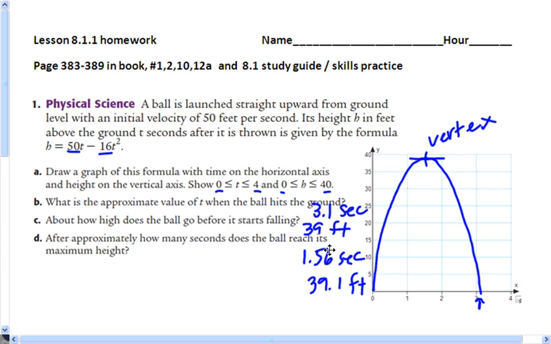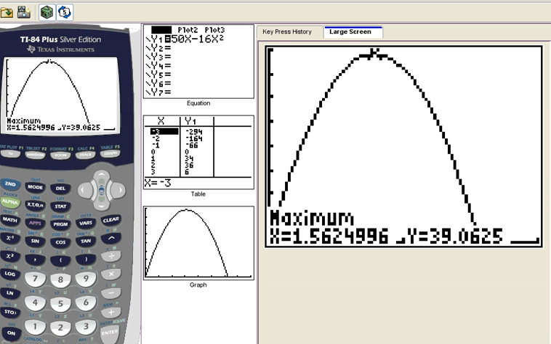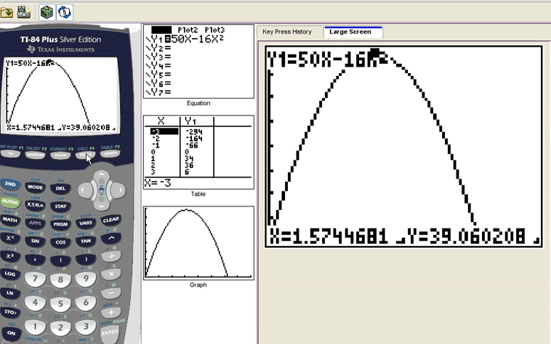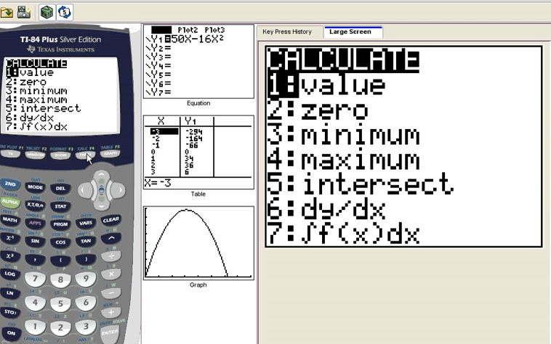Now remember the other question asked, what is the approximate value of t when the ball hits the ground? That's right here. If we want that more accurate, there's a function on your calculator for that also. We know that's around 3, so I'm just going to press trace again and press 3 and enter so I get close to there. Now if you go second trace again, there's a good function on your calculator for this. It's called the zero. The zero is where the graph touches the x-axis.